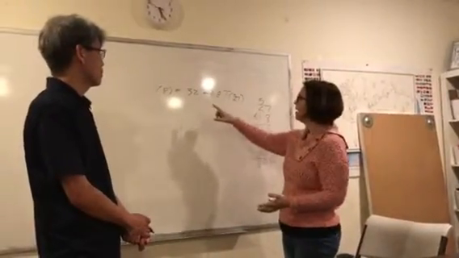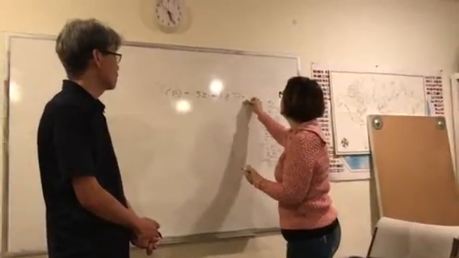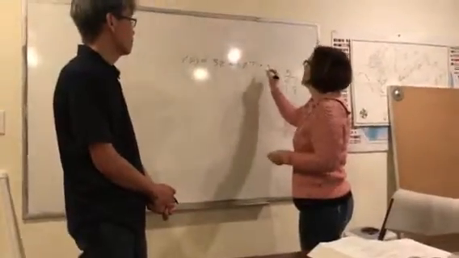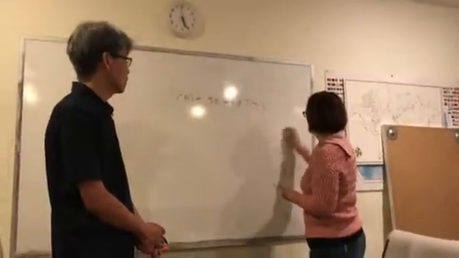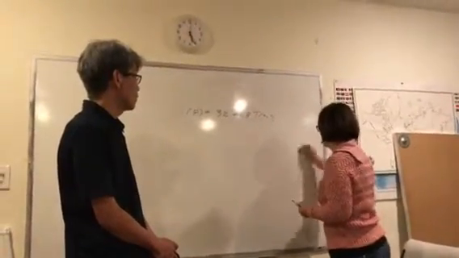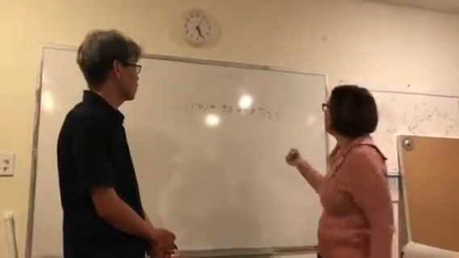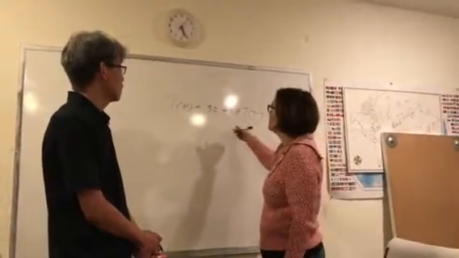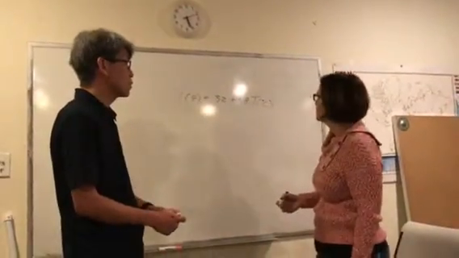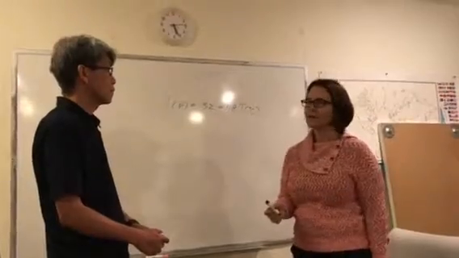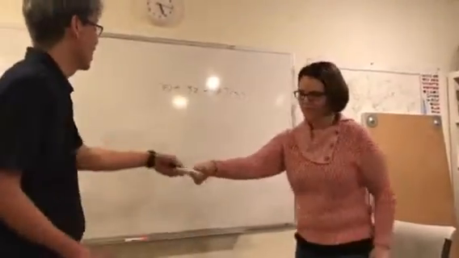Now what if you were trying to find it the other way? What do you do then? I want to figure out what the Celsius is when I have the Fahrenheit. You want me to do that? Yes, go ahead, please do it.